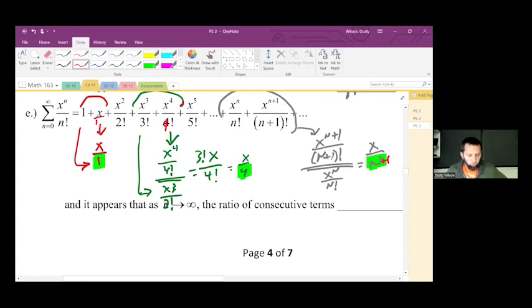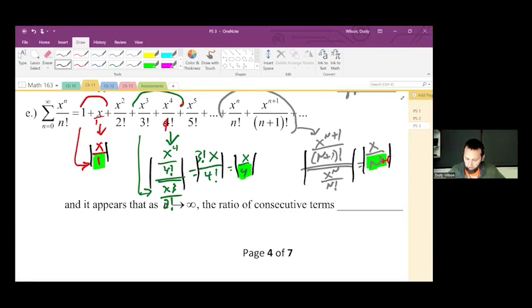We also remember from the previous example that what we care about is the absolute value of this stuff. And so it appears that as n goes to infinity, the ratio of the consecutive terms approaches x over n plus 1 in absolute value. And this is a little bit interesting.